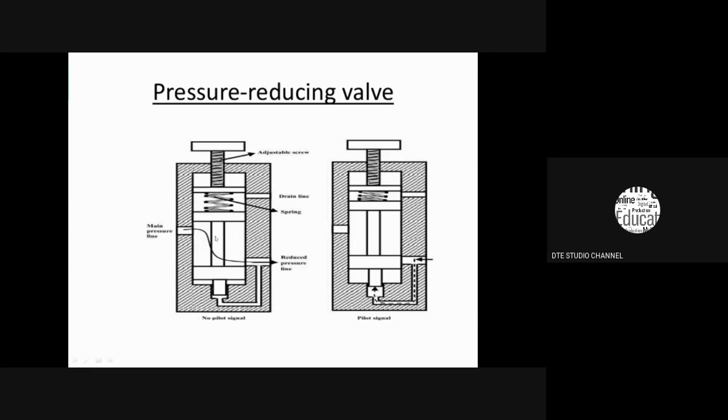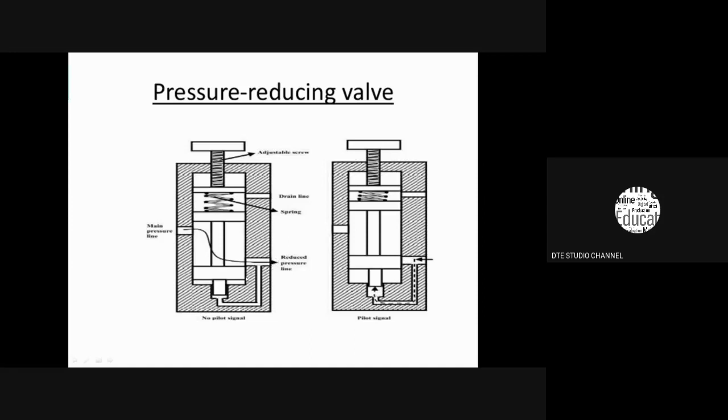It has 2 pistons and a helical spring. The spring force can be adjusted by an adjustable screw. This is the arrangement of the pressure reducing valve initially, when the pressure of fluid is less, and the outlet port is automatically opened.